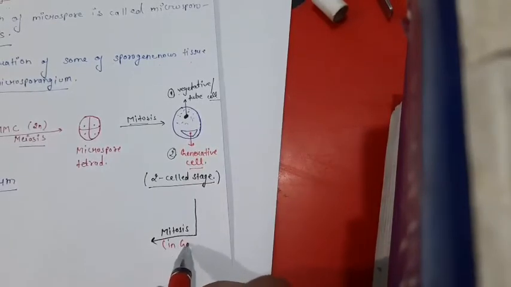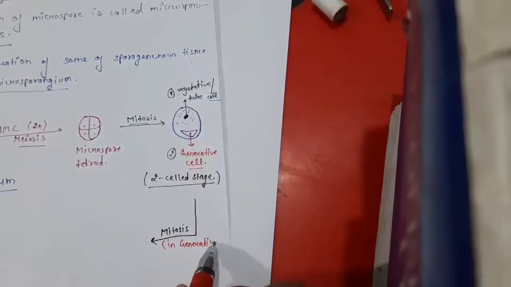The resultant is one vegetative or tube cell and two generative cells. So there are overall three cells, so that is called the three celled stage.